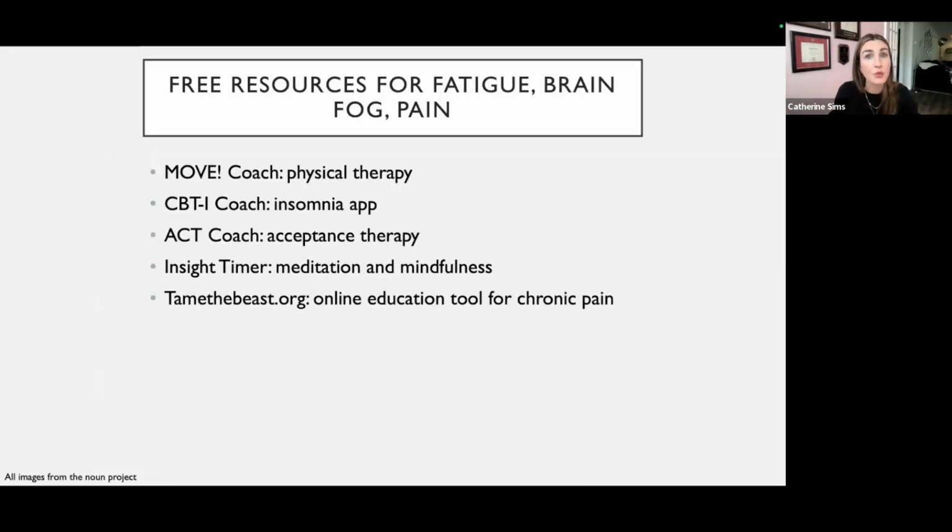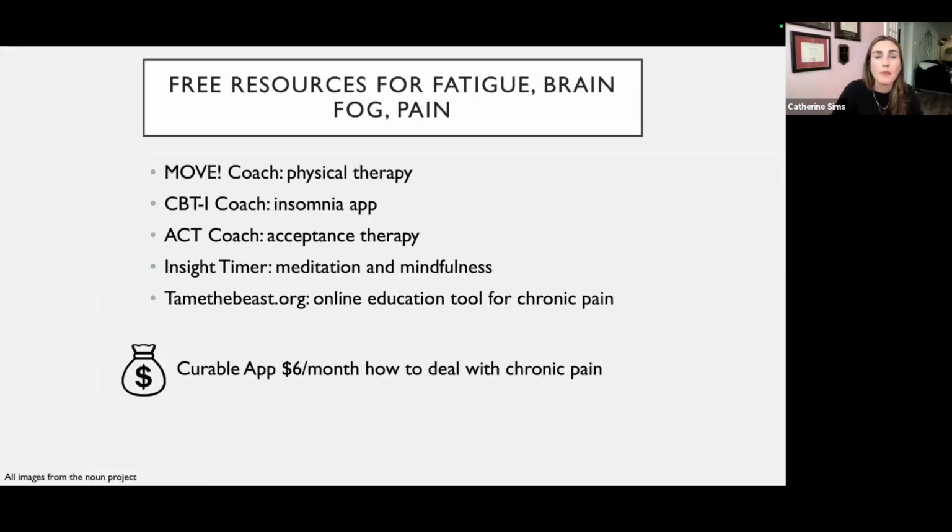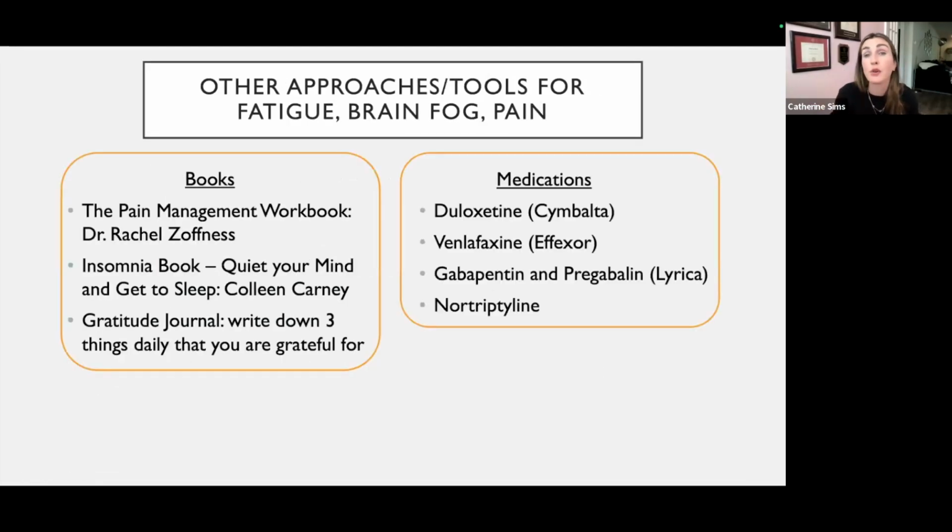So here are some free resources that they all tackle different things on how you can address fatigue and brain fog and pain in patients who have chronic conditions. The Curable app is not free, it's $6 a month, but it gives you non-medication approaches to dealing with chronic pain on a daily basis. And this is a mindfulness approach. And you can use this in combination with other things. So for me, my coping mechanism is I intellectualize everything.